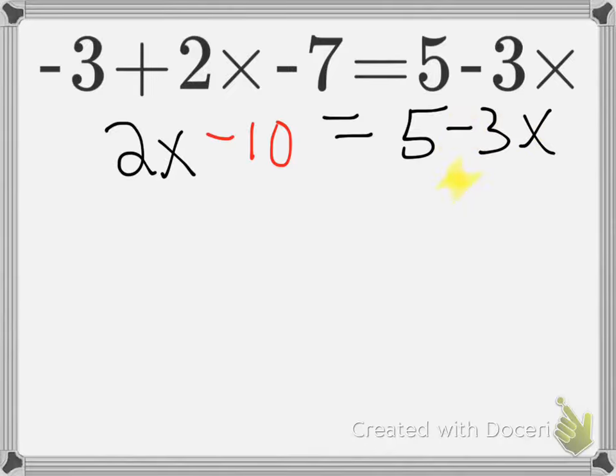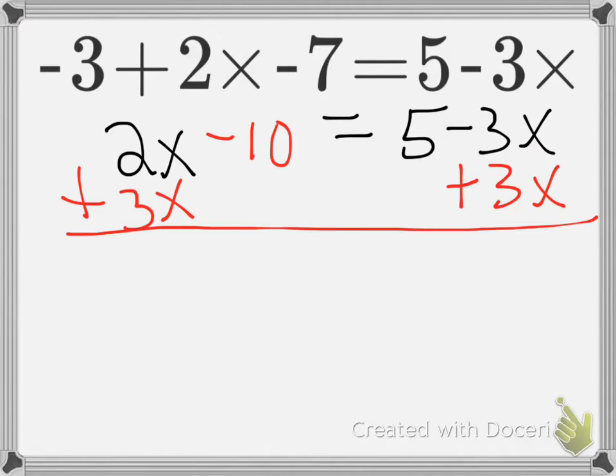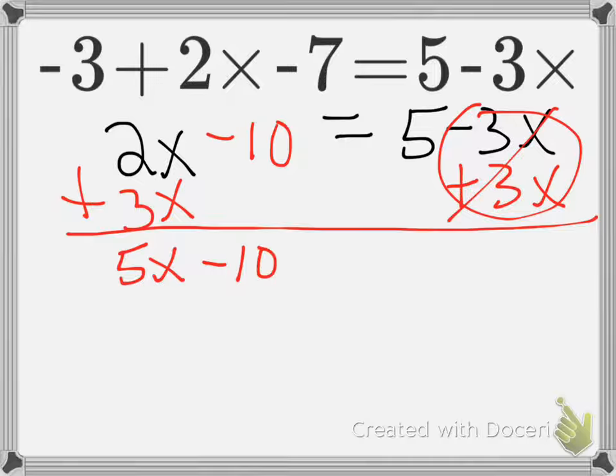So I'm going to add 3x's to both sides. And then this is going to make a 0, and what I'm left with over here is 5x minus 10 equals 5.